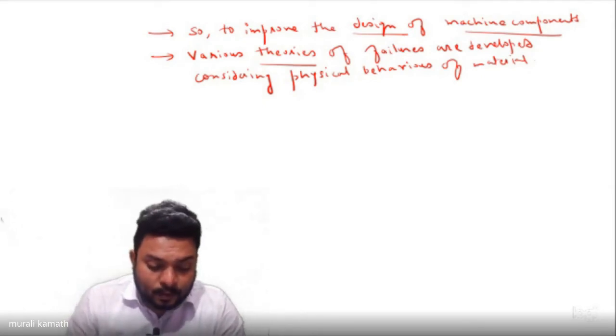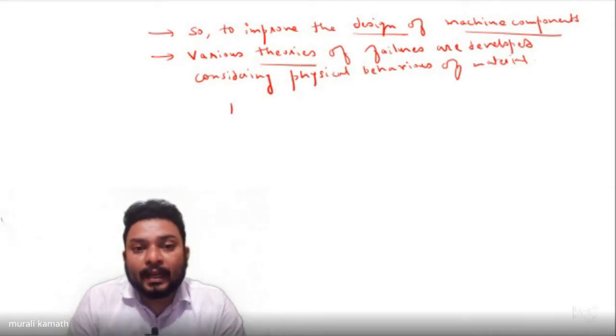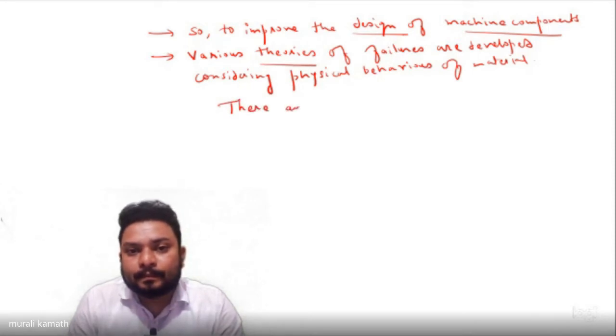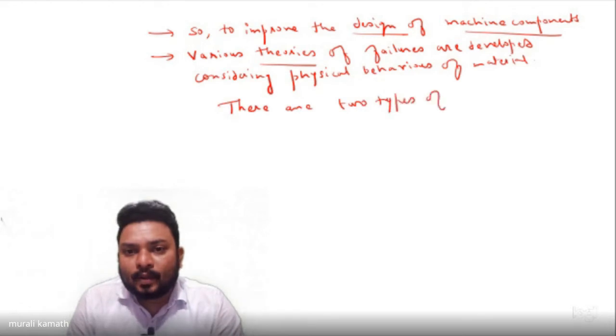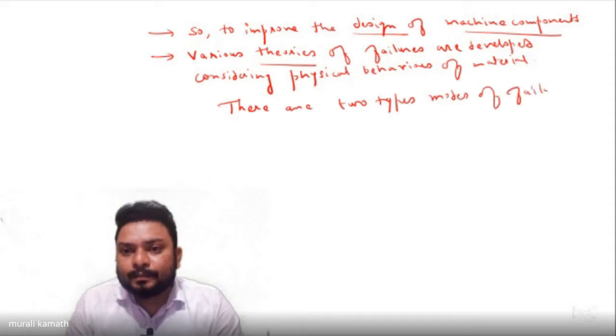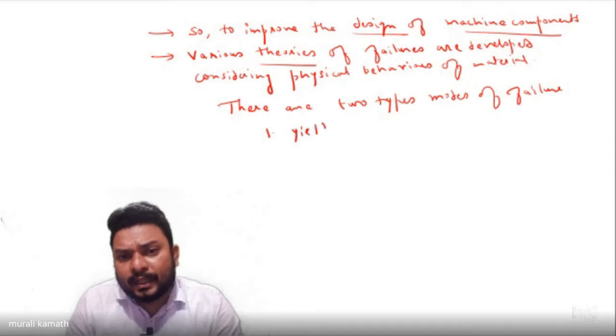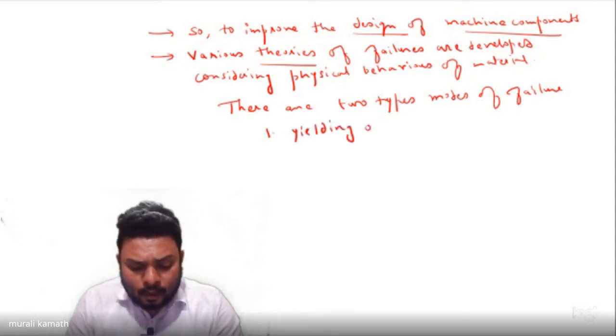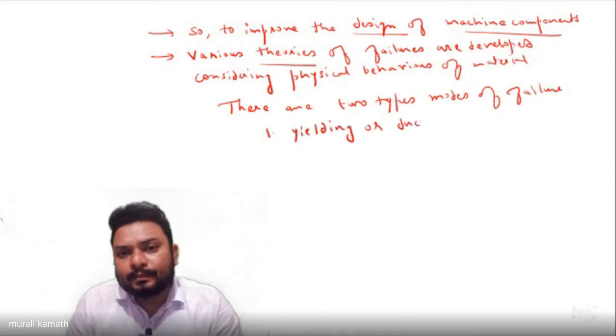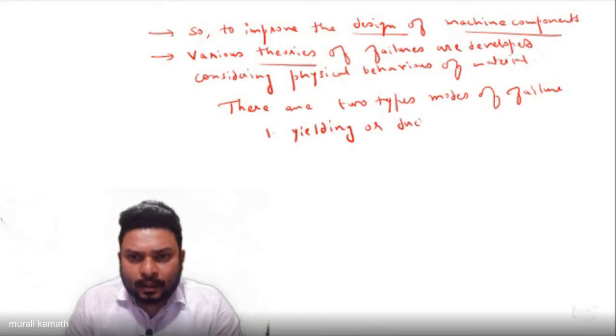Okay. So there are two types, two modes of failure. Very simple. First, either you say yielding or you can say ductile failure.